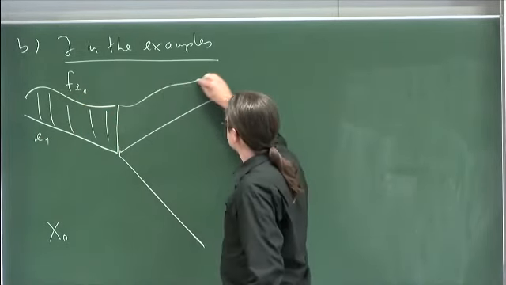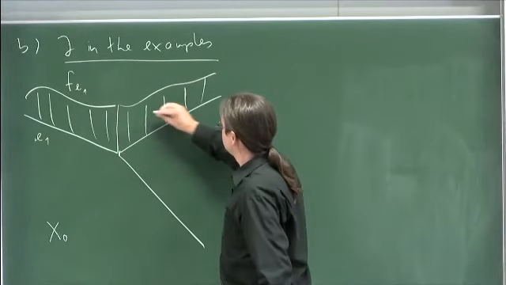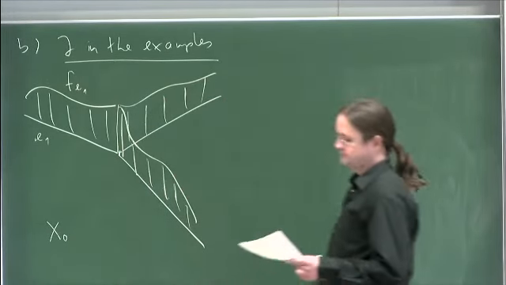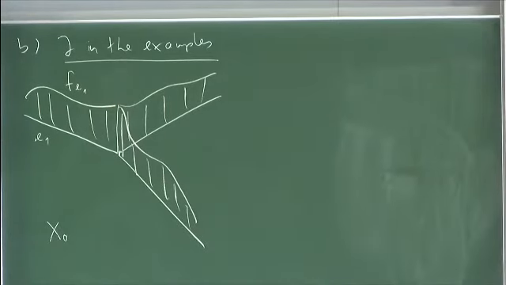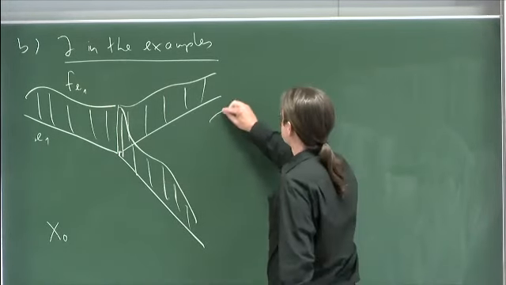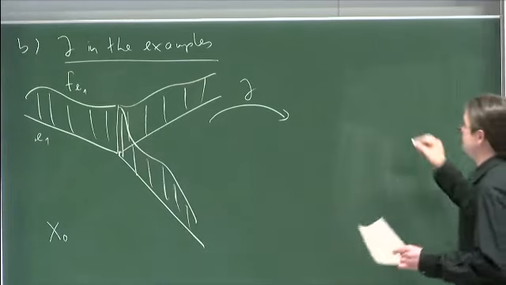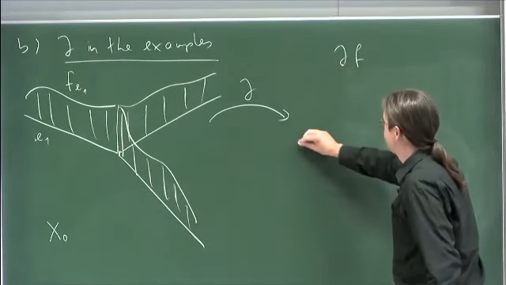Okay, maybe it's continuous, whatever. A priori it's only in L2. And what does the map J do with this function? Well, we get a function jf on my thick graph.